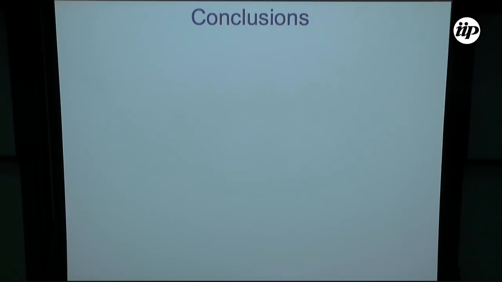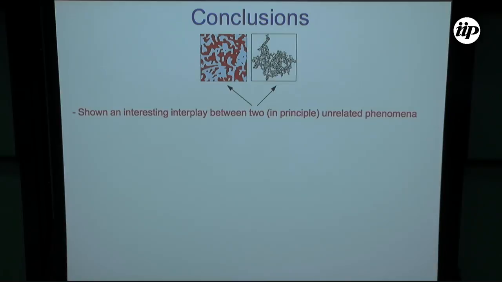Okay, so let me come to my conclusion. I hope I convinced you that there is an interesting interplay between two phenomena, coarsening and percolation, which in principle, at least to me, are not expected to live together because they have different characteristics. Well, I've shown also that this is a rather general fact.